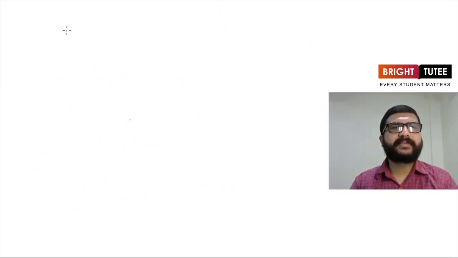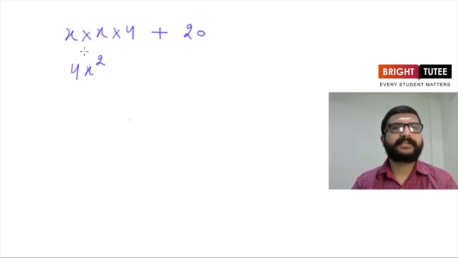Now suppose we are having a variable x. Now if we multiply x with x, and then multiply 4 with it and add 20 to the product, now what is this? 4 into x into x, it is 4x square. x into x means x square, so this is 4x square plus 20.